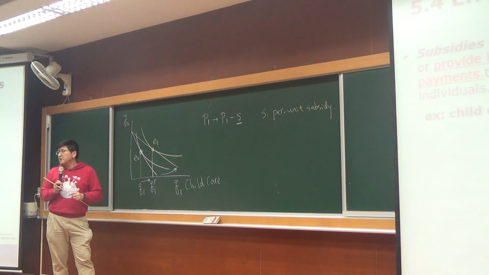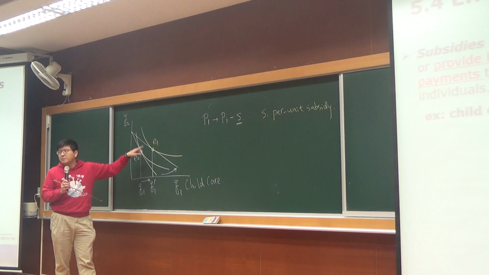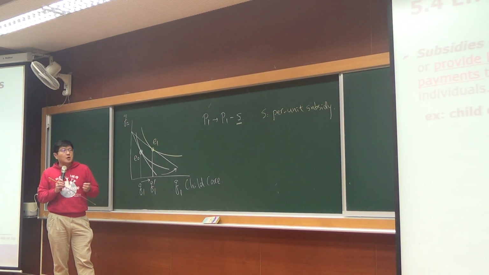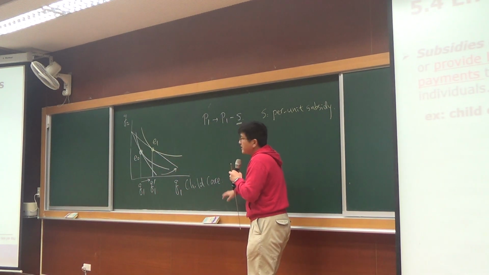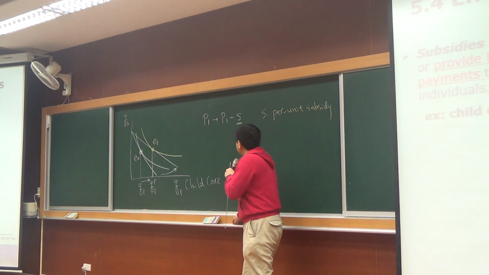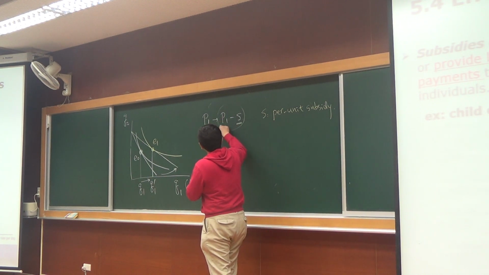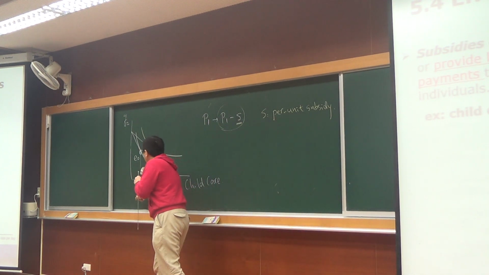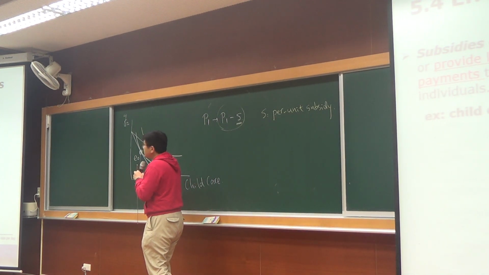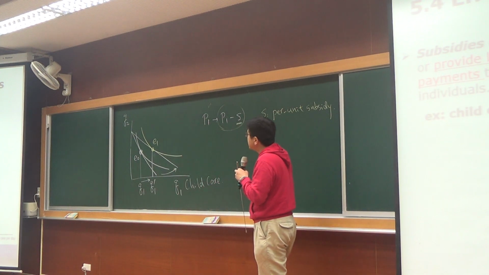So the consumption is even more, because it is a normal good, or an inferior good but not that inferior. So once the price of child care falls, the after-policy consumption must be increased.